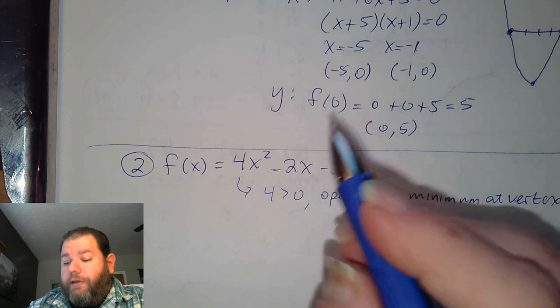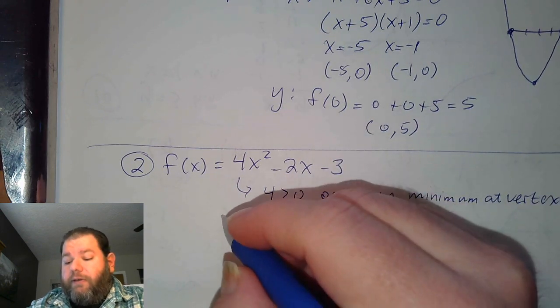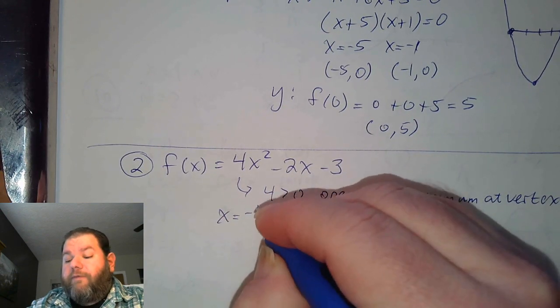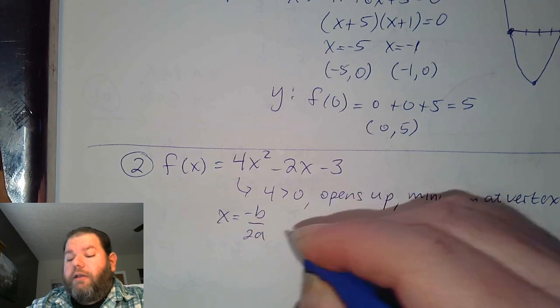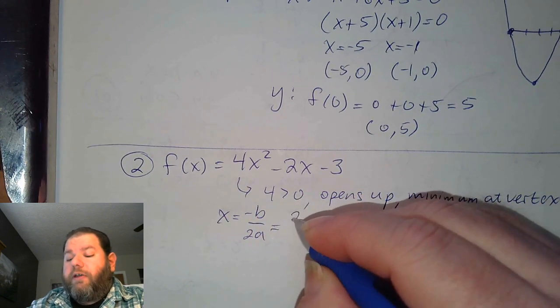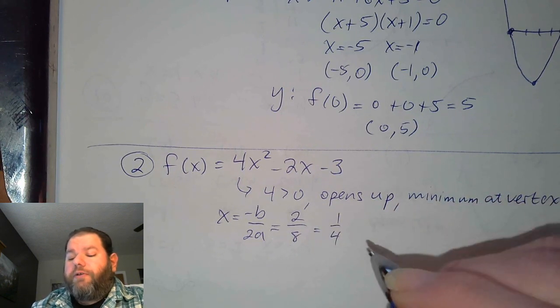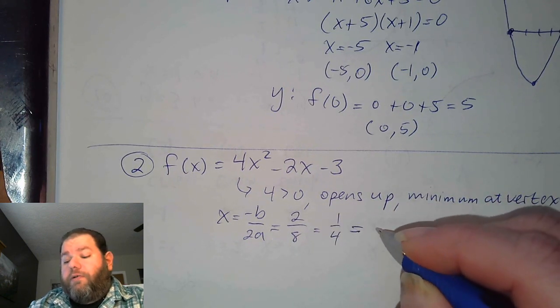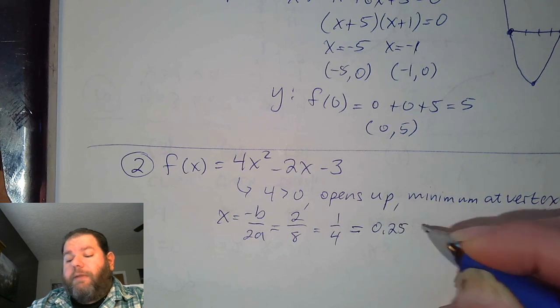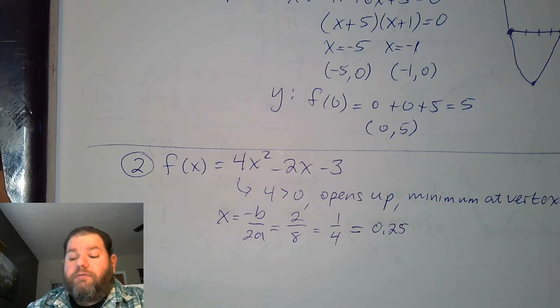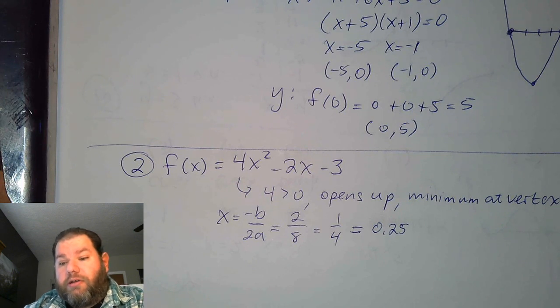So, anyway, we still need to find the vertex. So x equals negative b over 2a. This is where it gets a little bit weird, because now we have to work with this fraction. X is 1/4. Now, if you prefer to make that decimal would certainly be easier to plug into this equation.